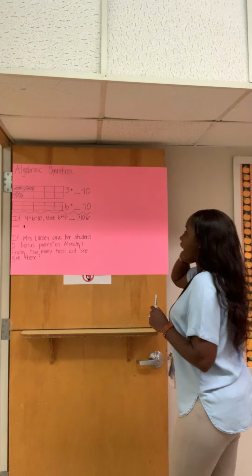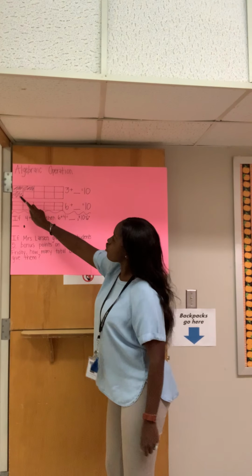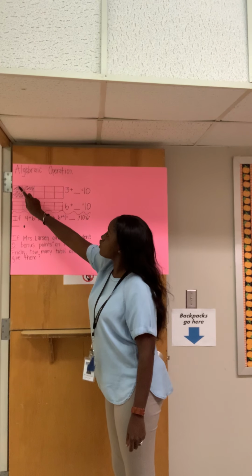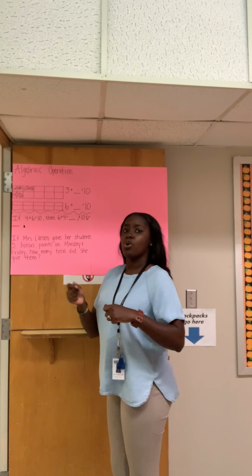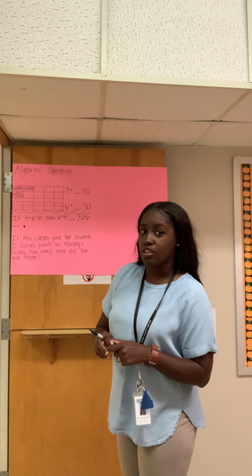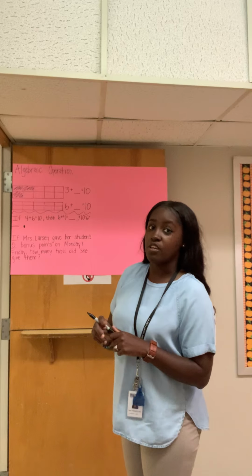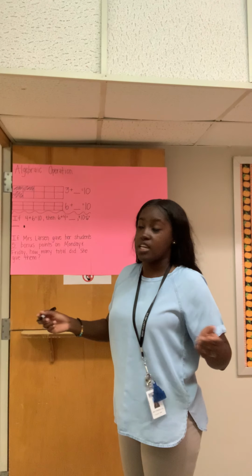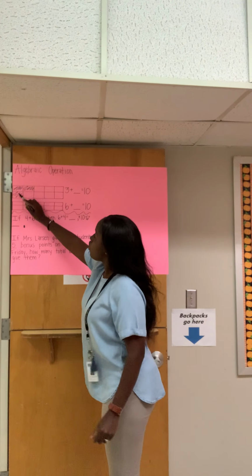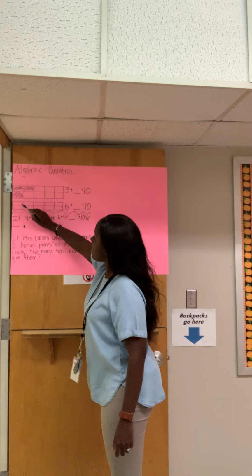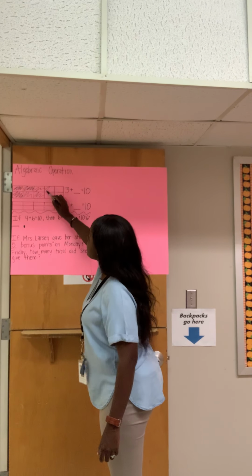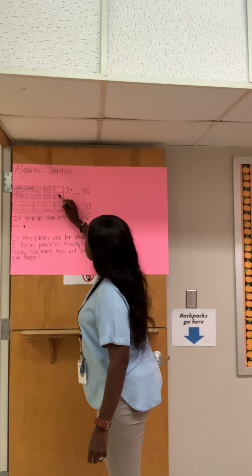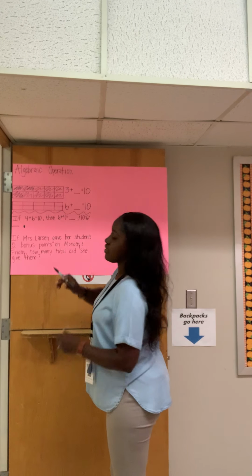So we're going to add the 3 shaded, 1, 2, 3, to the non-shaded. Actually, let's shade in the rest to see how many we need to get a total of 10. With 3 shaded, 1, 2, 3, 4, 5, 6, 7, 8, 9, 10.